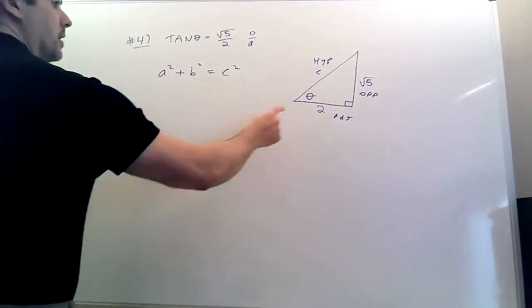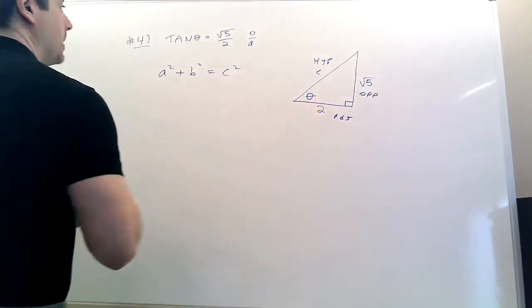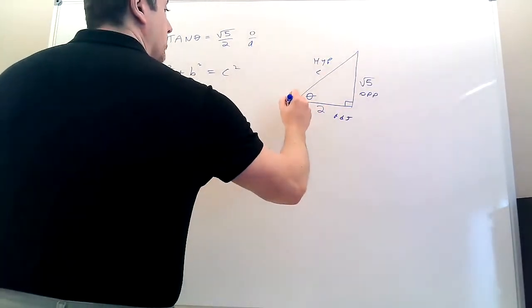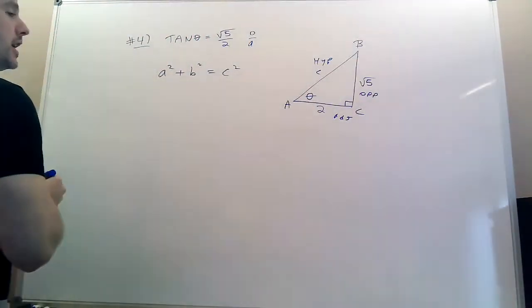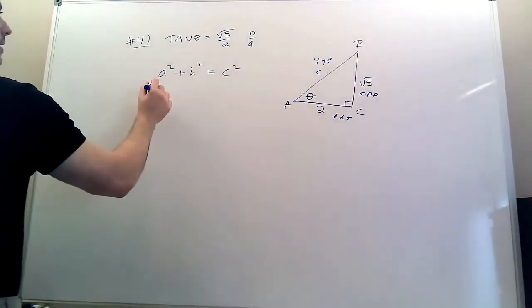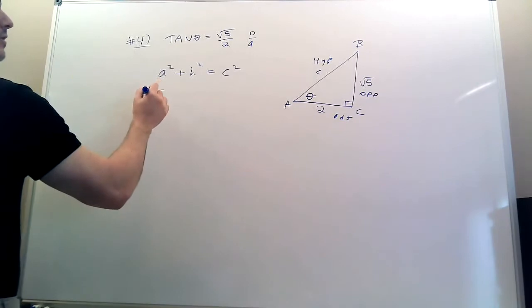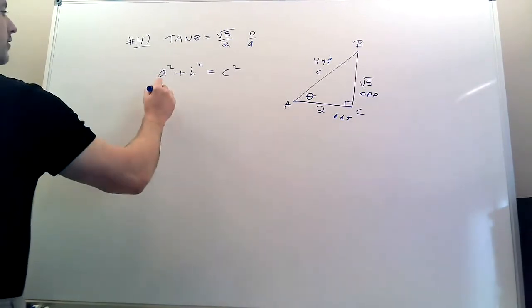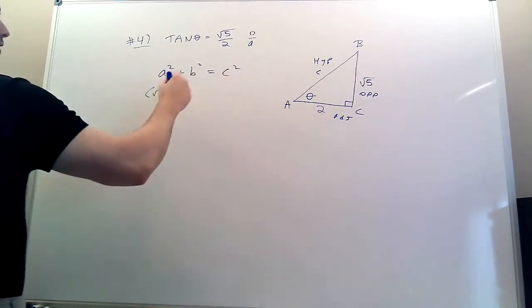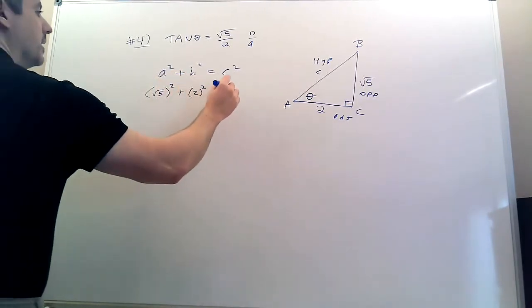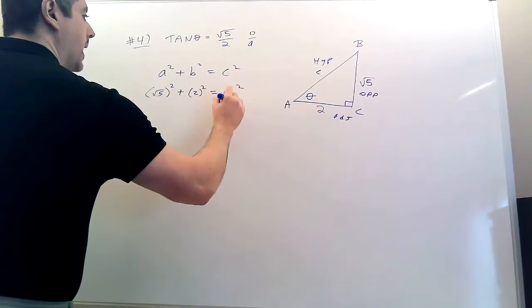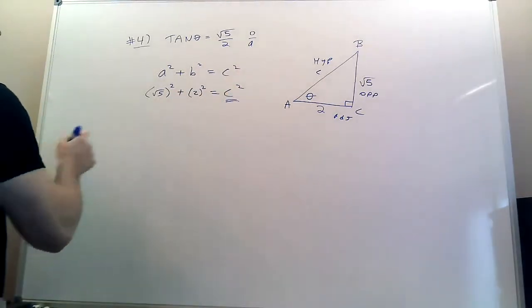I'm given A and B. I didn't call them A and B, but you can. It doesn't matter here which one is A and B. According to my triangle, A is radical 5, so let me be consistent. The point is, I'm looking for my hypotenuse. I don't know what C is.